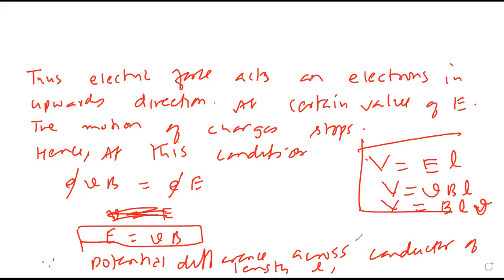Completely right. So for a moving rod or moving conductor, the voltage or EMF induced is BLv.